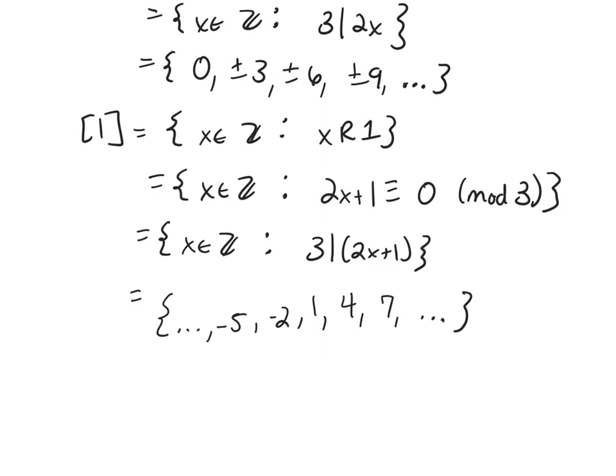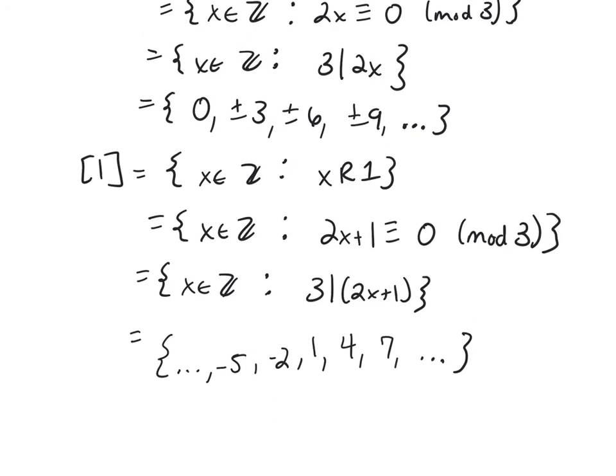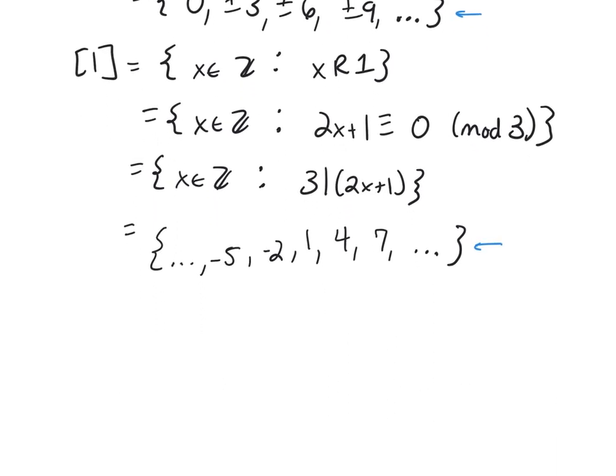Okay. Again, I can't have just 2 equivalence classes because there are elements that are not in these 2 sets here. So if I look for a number that's not in these 2 sets, for example, 2 is not in those 2 sets, so I can find the equivalence class of 2.